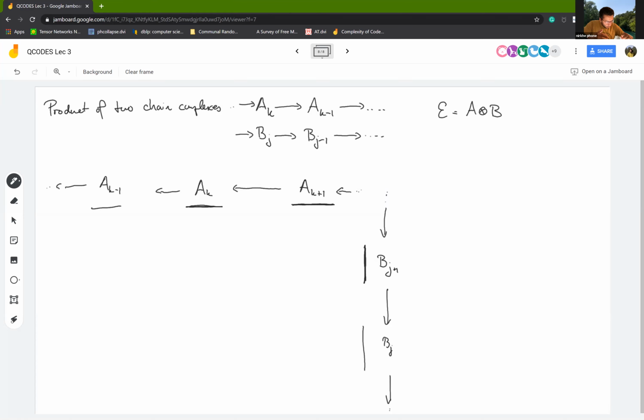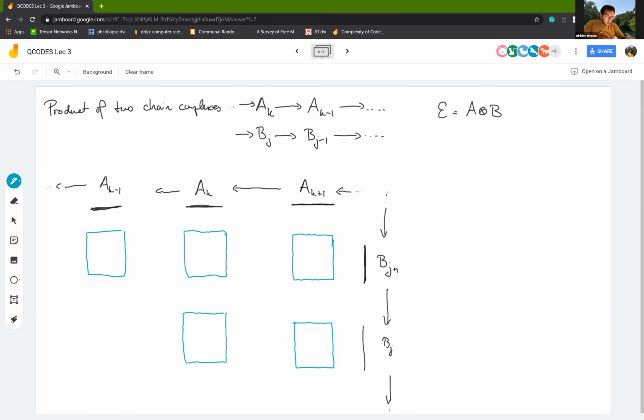Okay. Now, here's what's going to happen: for every pair here, I'm going to have the set which is the product of these two guys. Okay, so I'm going to have certainly sets like this. So what that means is that this is literally the product of the two sets.